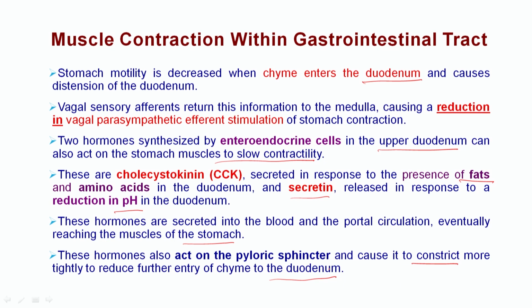This causes closure of the pyloric sphincter as well as reducing stomach motility, so that the next batch of chyme does not enter the duodenum until the fat and protein are digested.